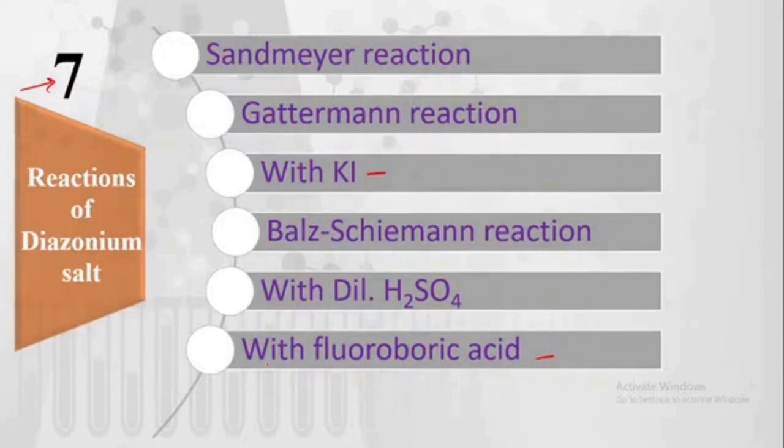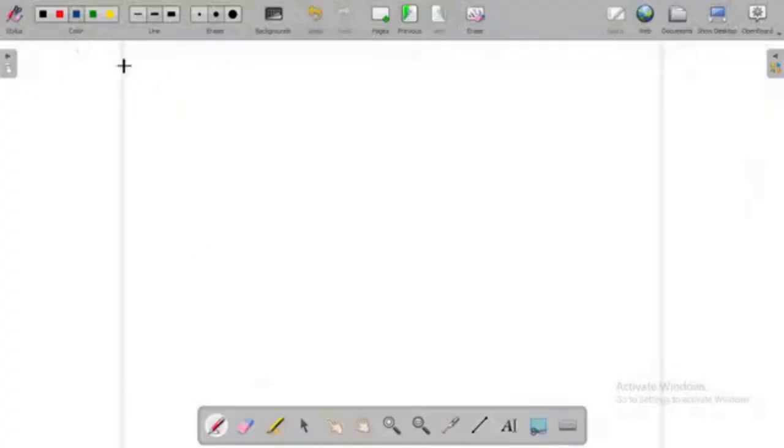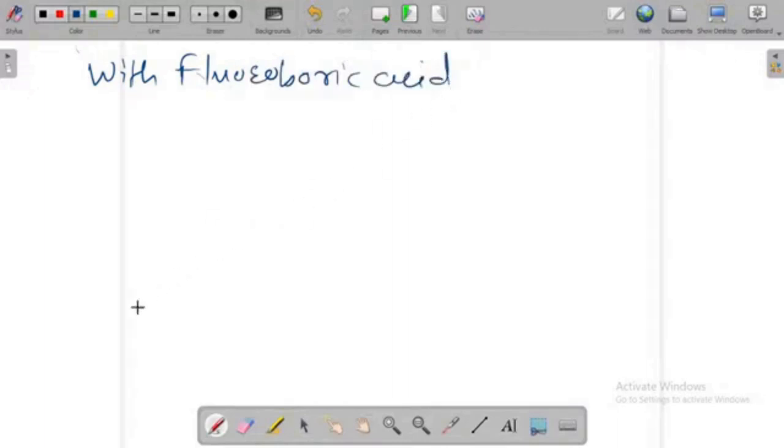The second step is different with fluoroboric acid. So sodium nitrite we are using here. So what is the reaction?